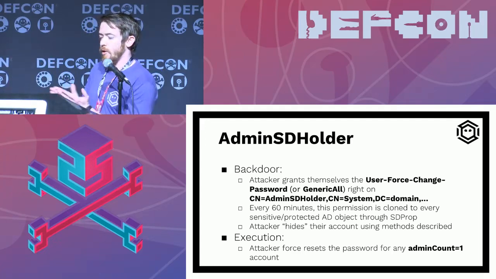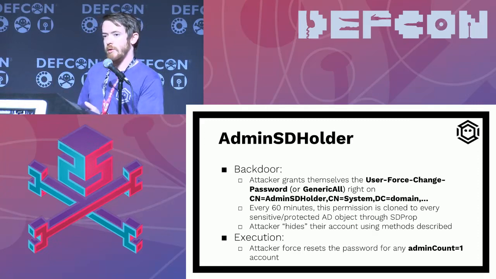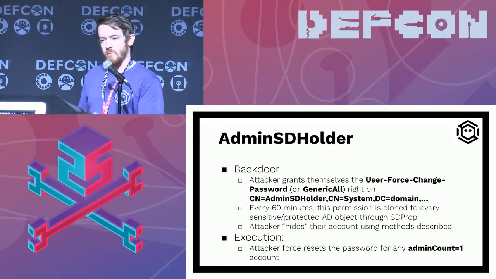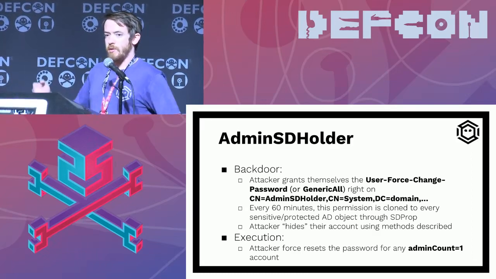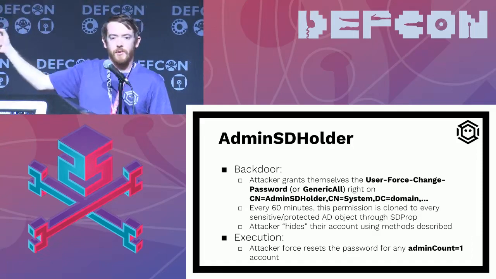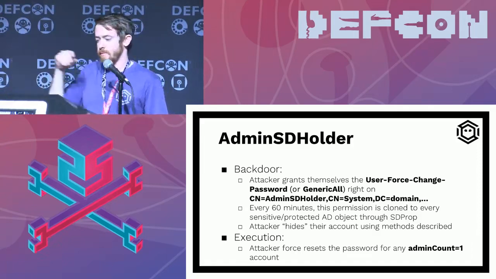If you are interested in this stuff, there's going to be tons more background and examples and mitigations and all that fun stuff. So, 30-second summary: AdminSDHolder essentially acts like a permission template for highly privileged groups. To implement the backdoor, the attacker grants themselves ForceChangePassword or GenericAll rights to this CN=AdminSDHolder,CN=System object. This object exists in every single domain, so they add it to the object itself.